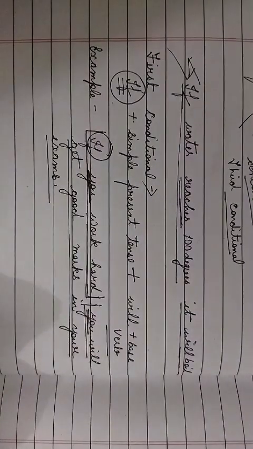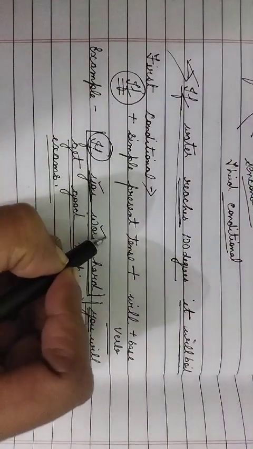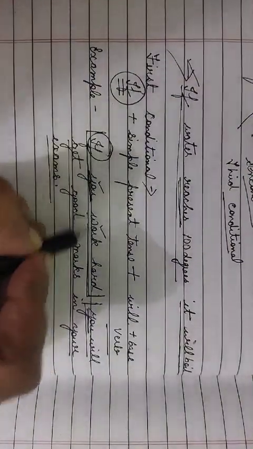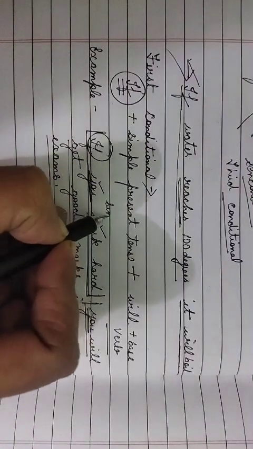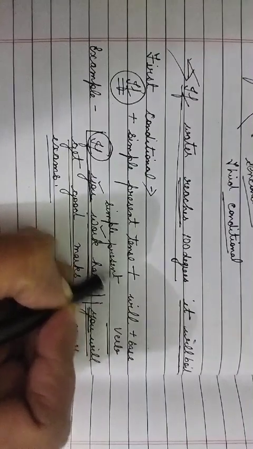Which tense is being used here? This is the subject, this is the verb. If you work hard. Which tense is this? Simple present. Yes, this is simple present tense. What did I tell you?